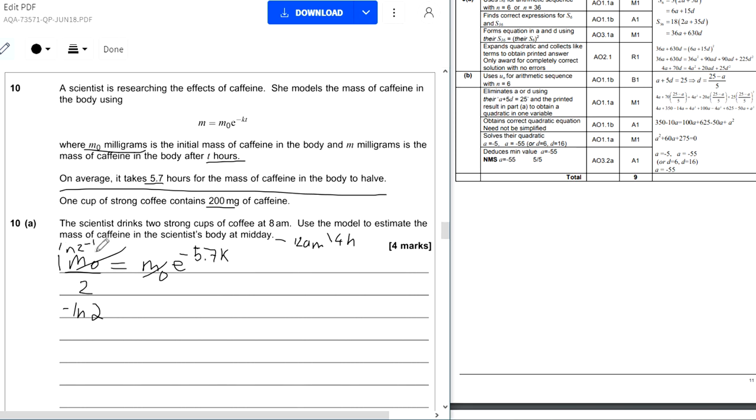If you take the ln of 2 to the minus 1, that's the same as minus ln 2. Here that just cancels with the e, so 5.7k, and so k is going to be ln 2 over 5.7.